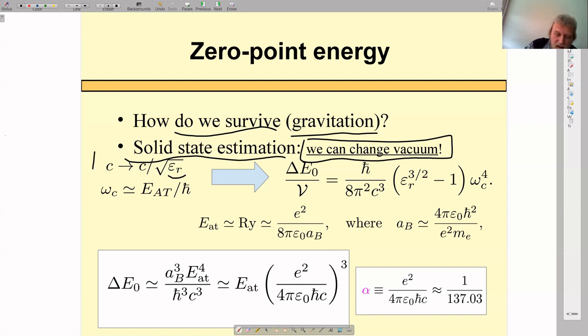And then all light modes in this new vacuum will have different velocity, which means that we have different zero-point energy corresponding to these modes.